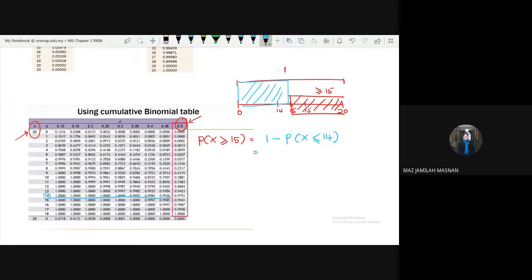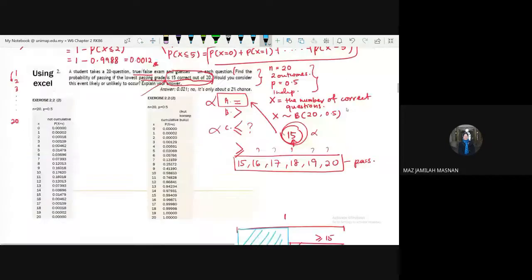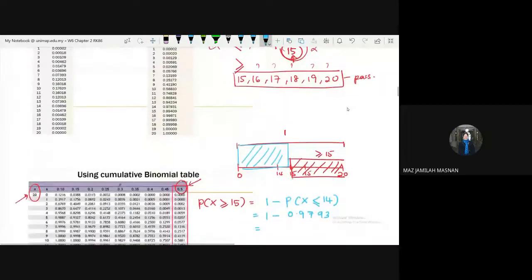For p = 0.5, it would be 1 minus 0.9793. Can someone calculate that? What is the value? Is it as given in the answer? 0.021.